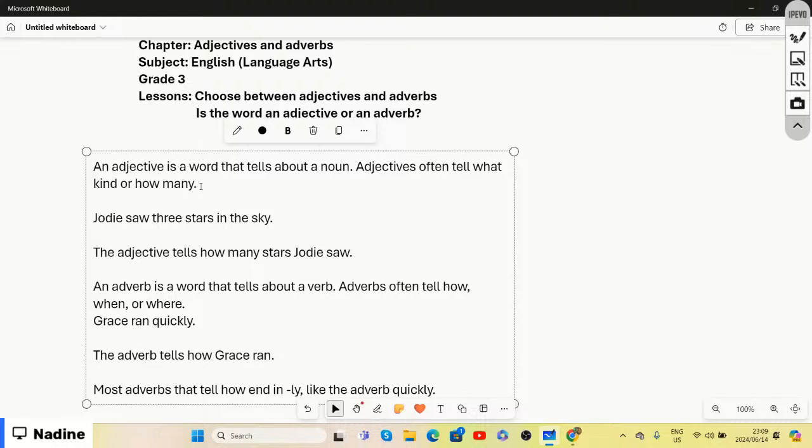Adjectives that tell us what kind can be in the form of height, color, weight, maybe size. It can be anything, but you need to basically answer the question of what kind of whatever it has. And it tells us about the noun. So you need to ask that question based on the noun.